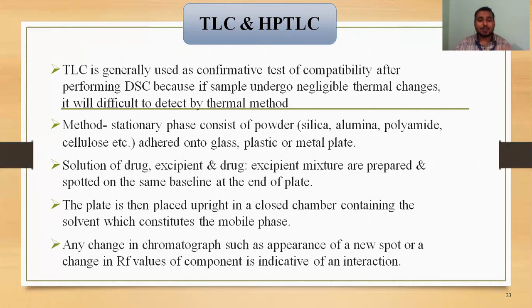The plate is then placed upright in a closed chamber containing the solvent, which is the mobile phase. Any changes in the chromatogram, such as the appearance of a new spot or a change in Rf values, are indicative of an interaction.